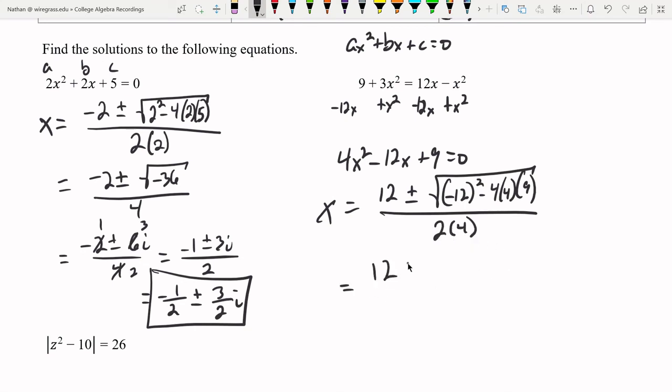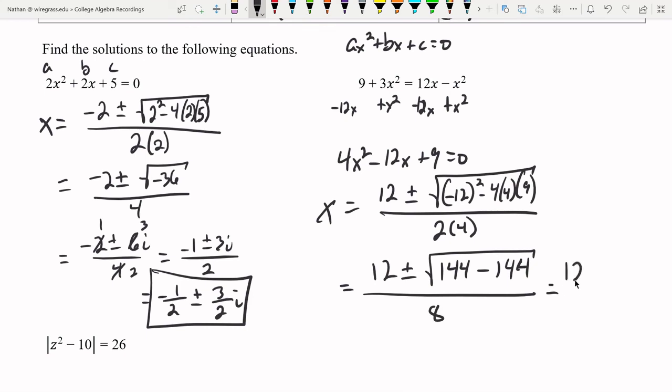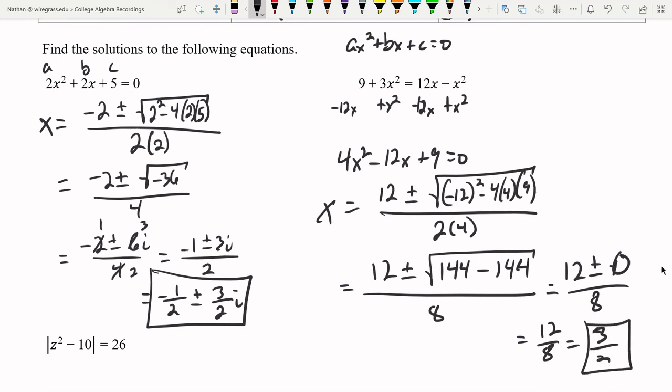Okay, we're going to get 12 plus or minus the square root of 144 minus 4 times 4 times 9, which is 144 as well, all over 8. 12 plus or minus, this is just 0. The square root of 0 is 0. So we get 12 over 8, which is 3 over 2. We get one real solution that's actually repeated.